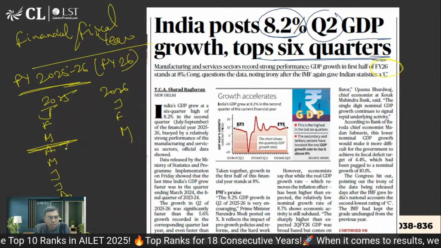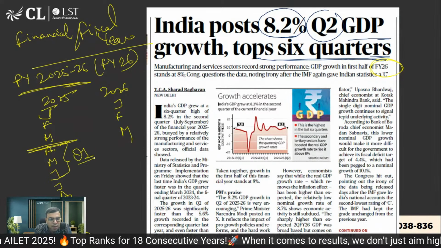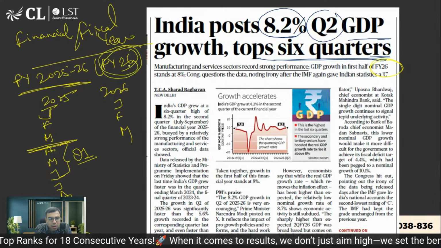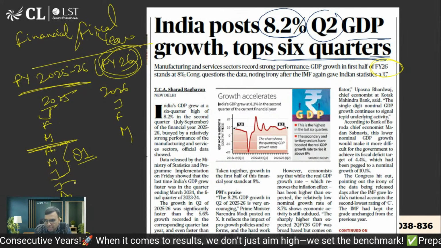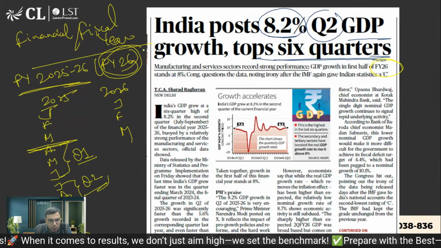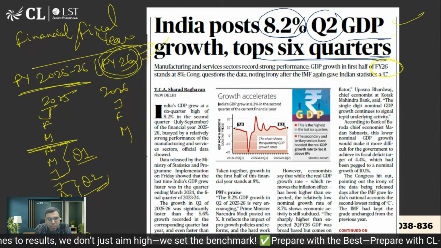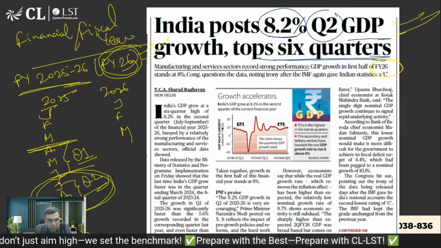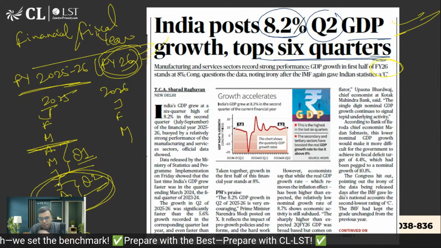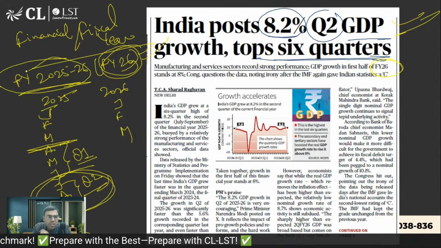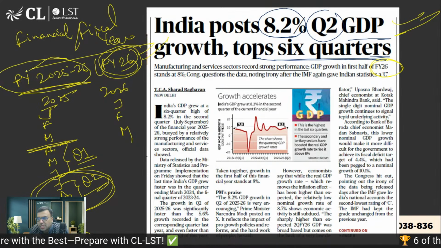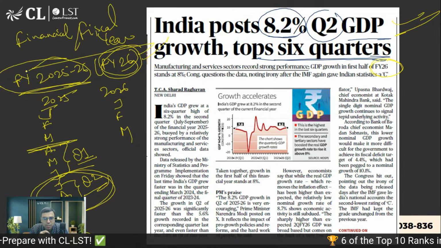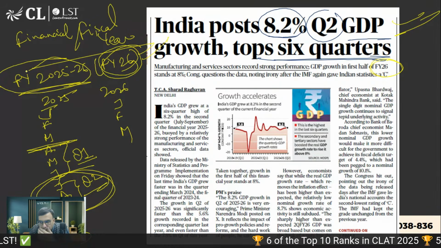So it starts somewhere here. April, May, June will be called Q1 of FY26. Then July, August, September will be called Q2 of FY26. This is being talked about: July, August, September of fiscal year 26, also known as fiscal year 2025-2026. Is it clear?